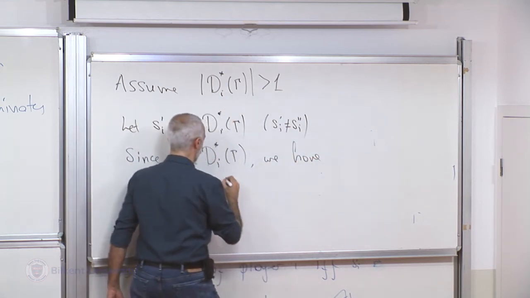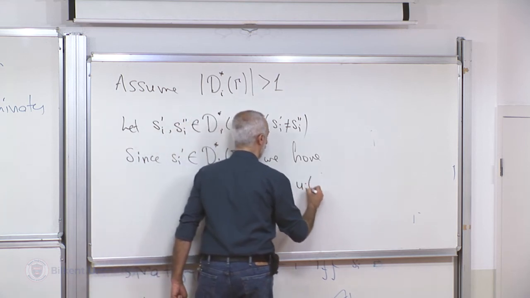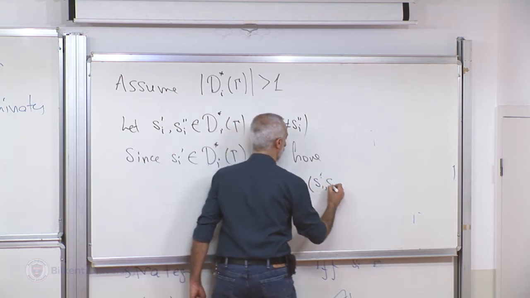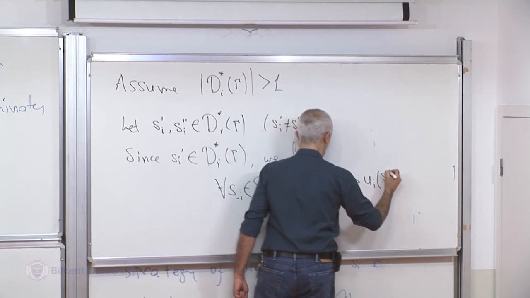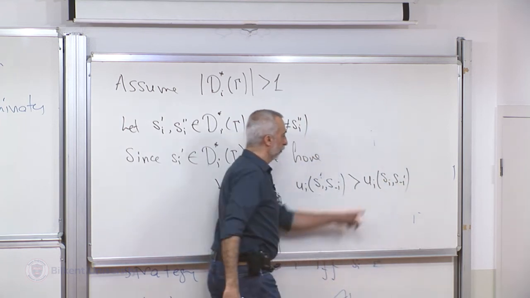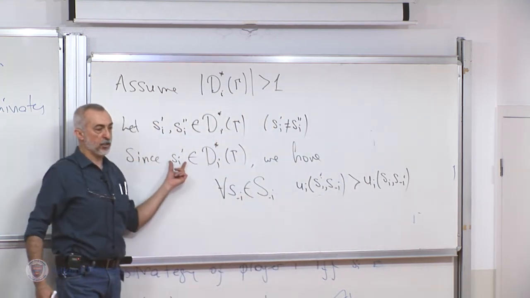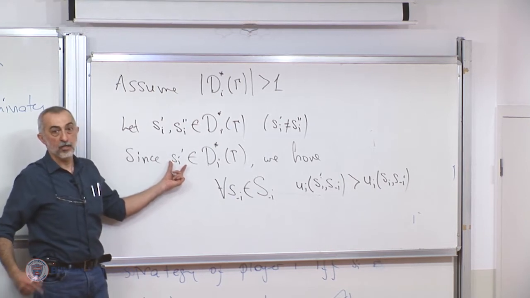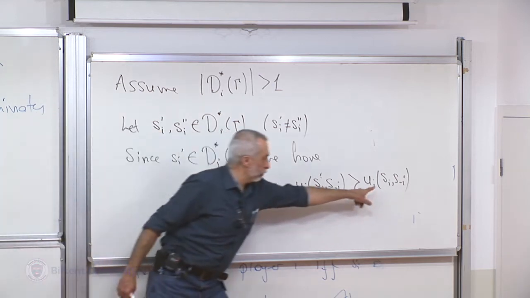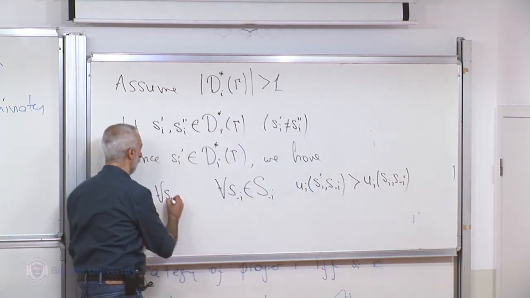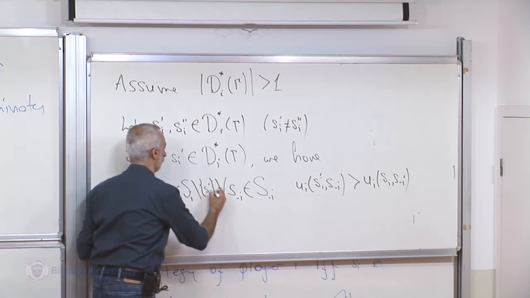We have, for any strategy profile of the opponents, Ui of Si prime, S minus i is greater than Ui of Si, S minus i. For which Si? Okay, so what was the condition for being a strictly dominant strategy? The condition was it should strictly dominate any other strategy of player i. So this holds for every Si, strategy of player i different than Si prime.